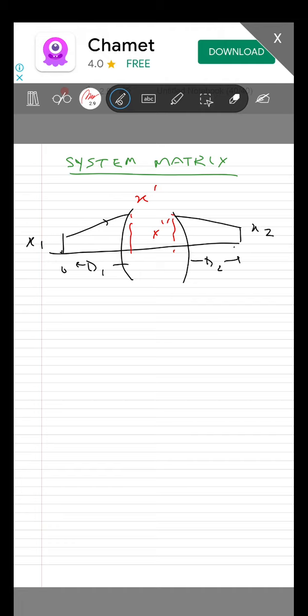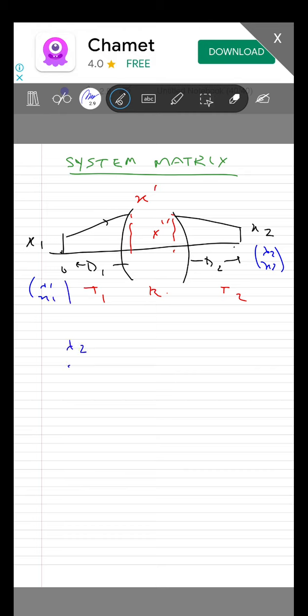So we can see there are two translations that will take place, let's call it t1, and this is t2, and there will be one refraction taking place, let's call it r. So we can write the equation concerning the matrix as, if this is the direction cosine lambda 2, the coordinates will be presented by lambda 2 x2, corresponding it will be lambda 1 x1.